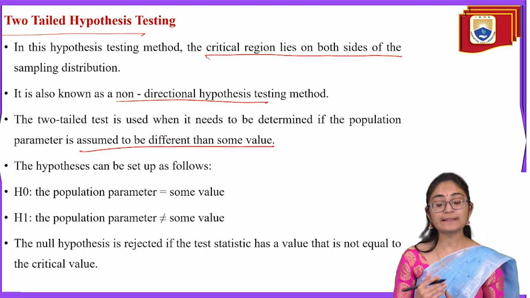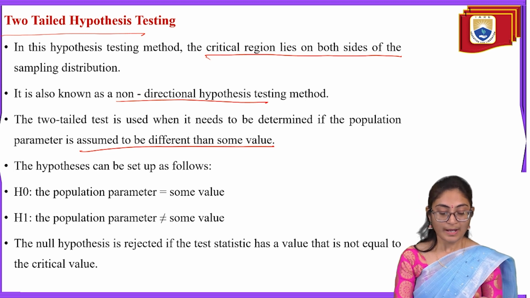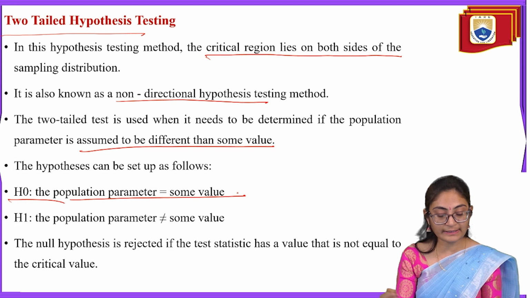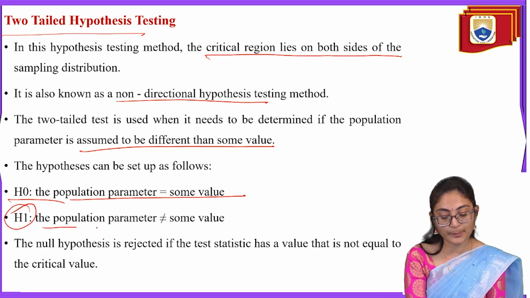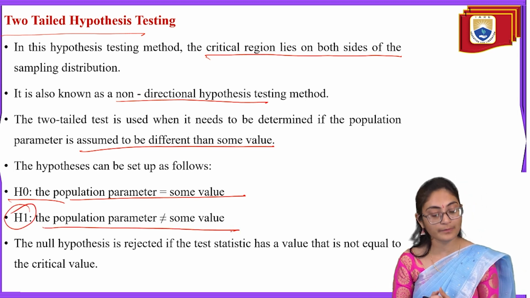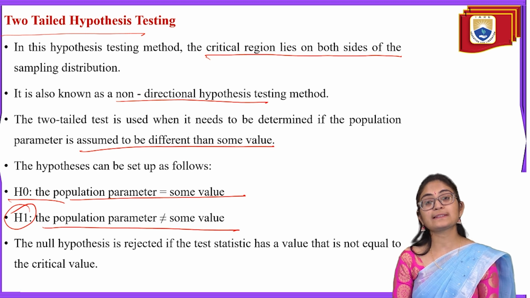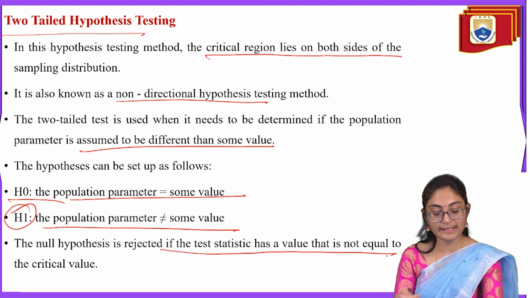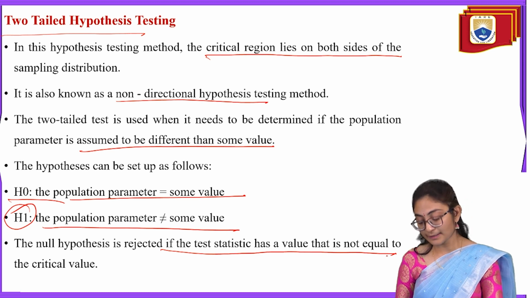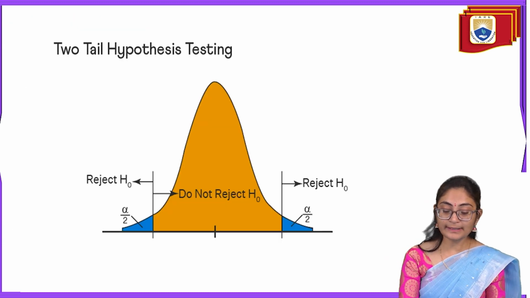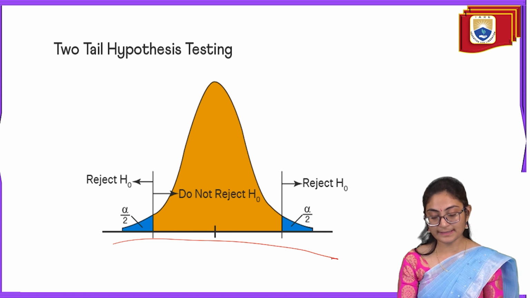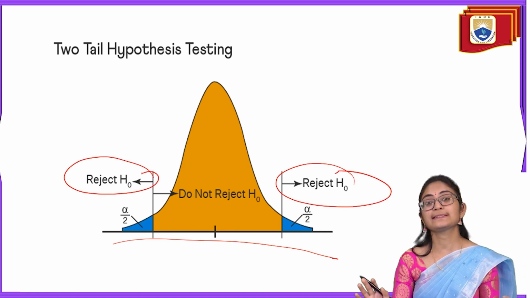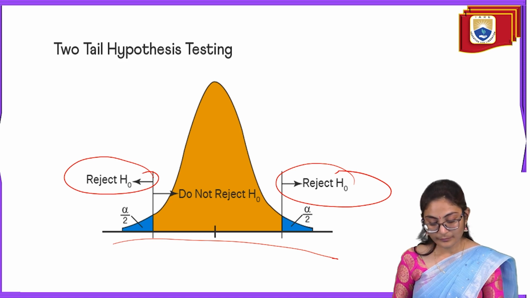The hypotheses can be set up as follows. H0: population parameter is equal to some value, and H1: population parameter is not equal to some value. The null hypothesis is rejected if the test statistic has a value that is not equal to the critical value. This is your two-tailed hypothesis testing. Here, on this side, your null hypothesis is rejected.